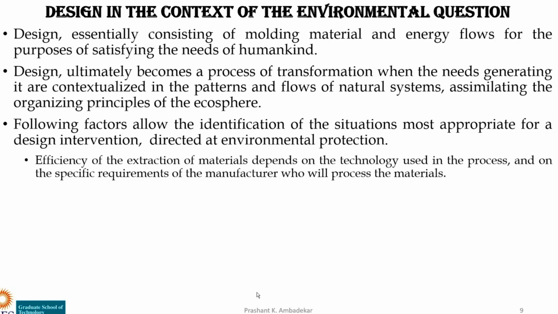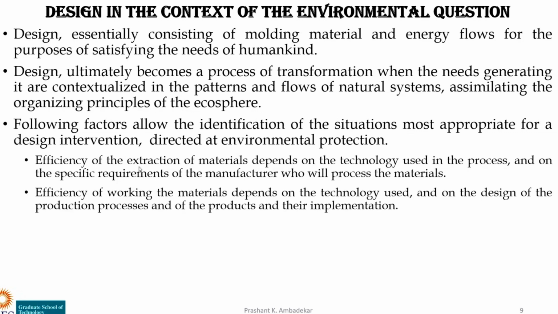Can it be designed in such a way that the process of converting one form of material to the other form, maybe metal sheets which are converted into a car structure, is changed? So that is conversion from one form to another. Can we use a technology in such a way that it will not harm or will protect the environment? This is the first. Second is efficiency of working the material, which depends on the technology used and on the design of the production process, of the products and their implementation.